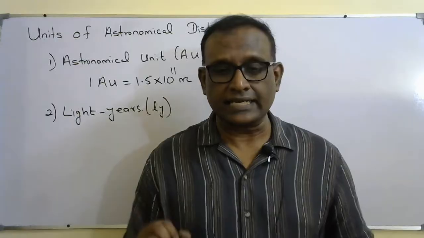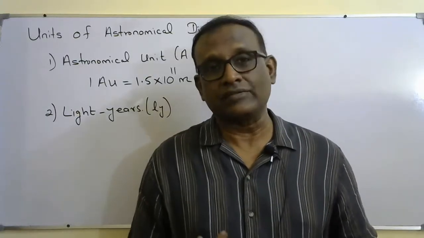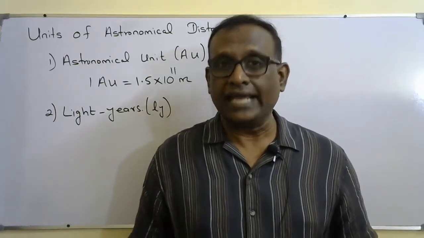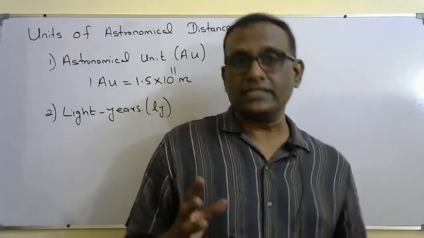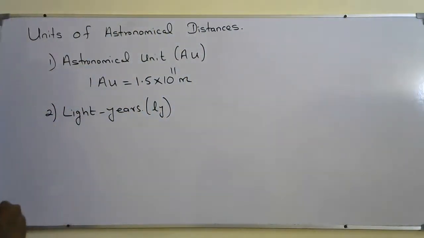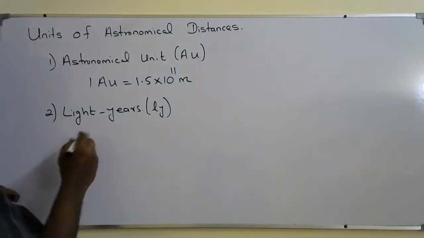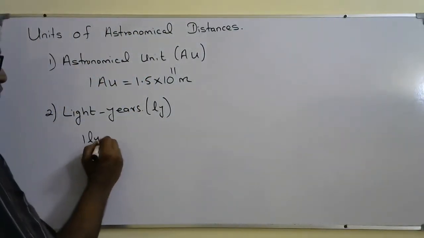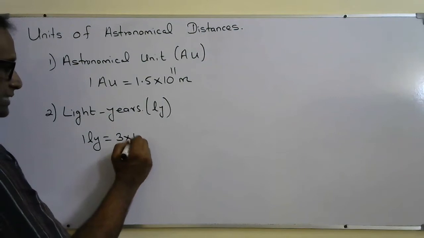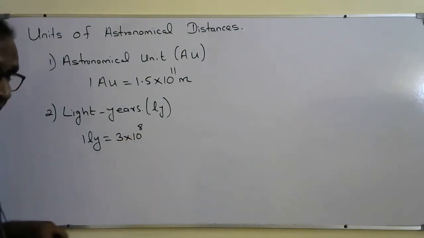So during 1 second, the light will travel 3 into 10 to the power 8 meters. So 1 light year means the distance the light travels during 1 year. During 1 second, it will travel 3 into 10 to the power 8.